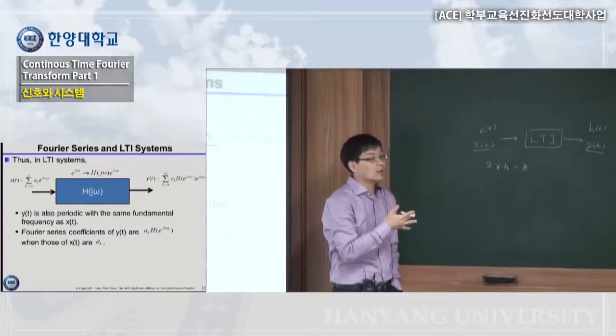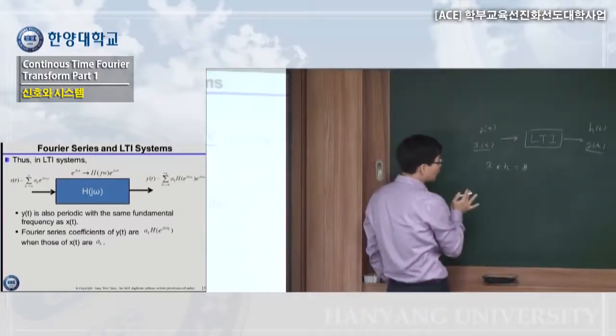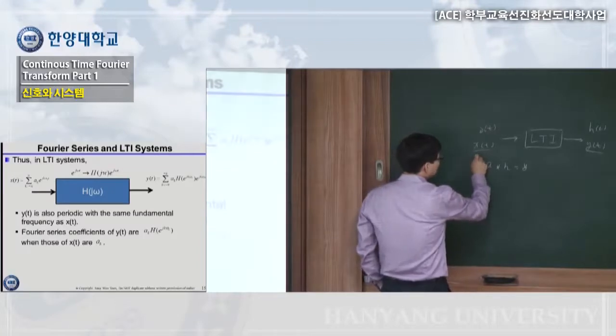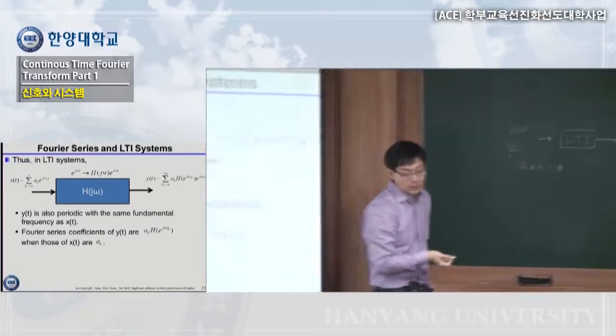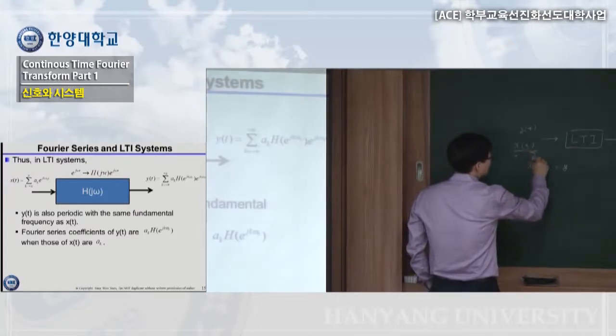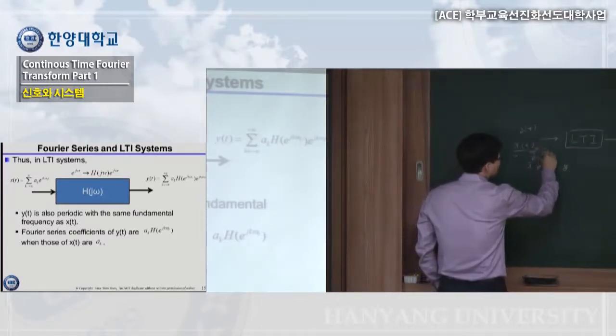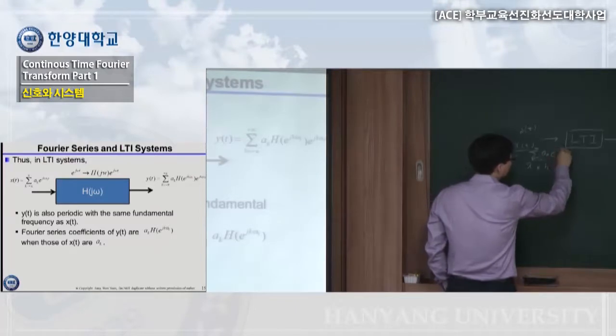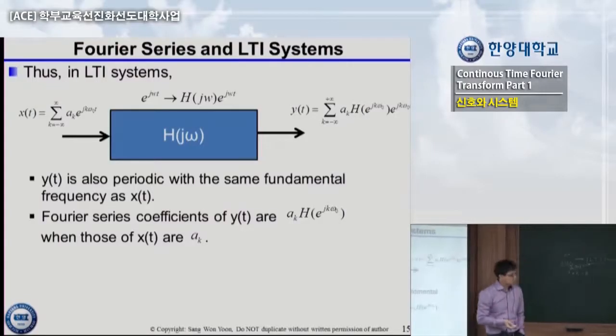And in chapter 3, we learned that x can be represented as the sum from minus infinity to infinity of a_k e to the j omega 0 k t. And this is a linear time invariant system, a linear system.